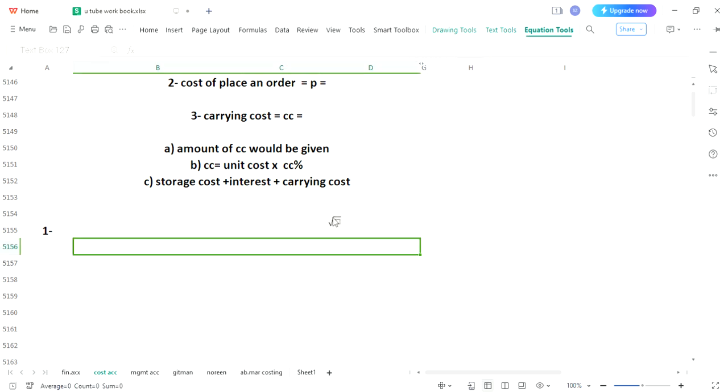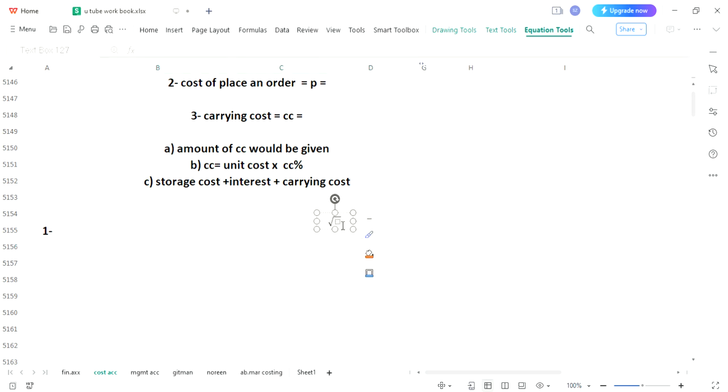The system is a little slow, that is why sometimes it is not cooperating. So you will write 2, and then you will multiply it with R, and multiply with P. If you are unable to see, don't worry, I will change the size a little after, and divided by CC.